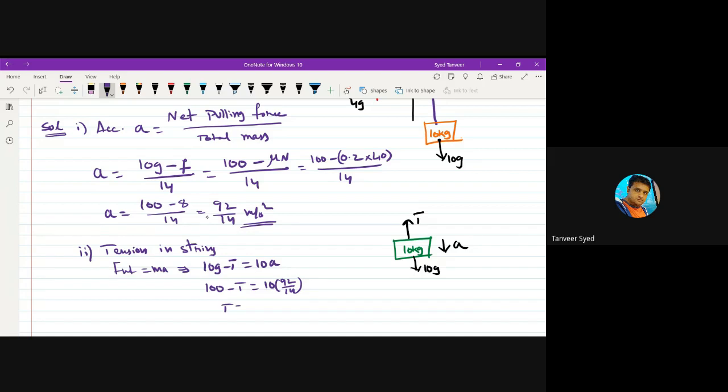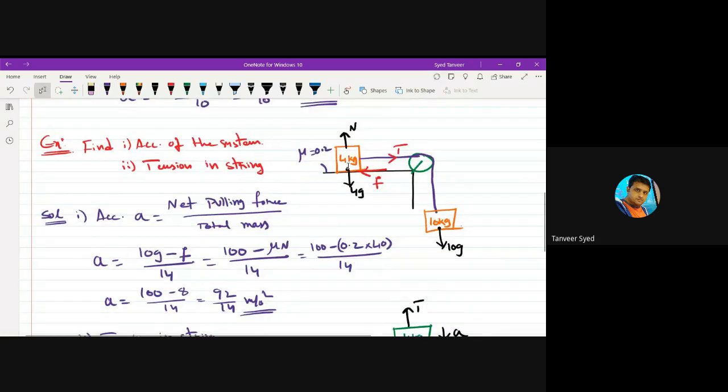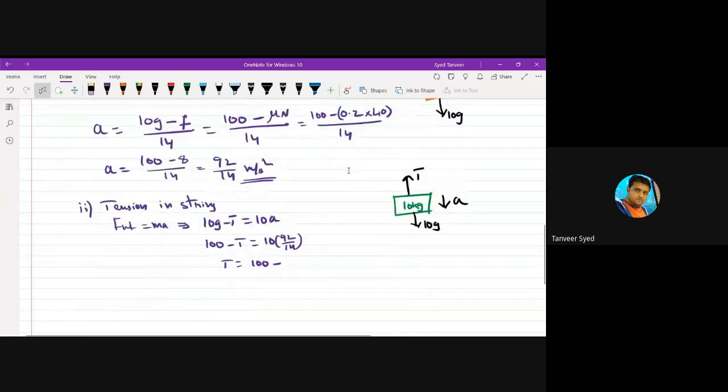From this you get T is equal to 100 minus 920 by 14.